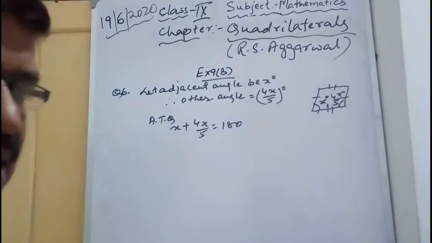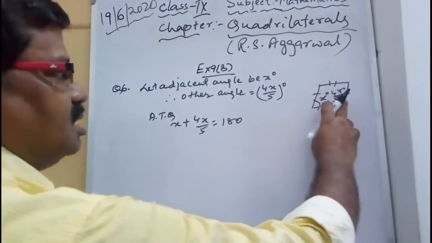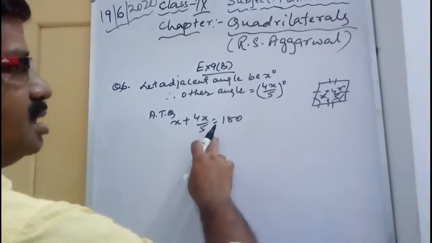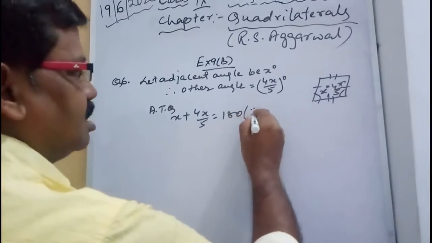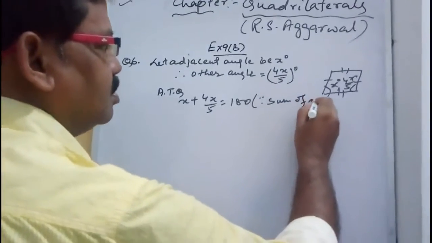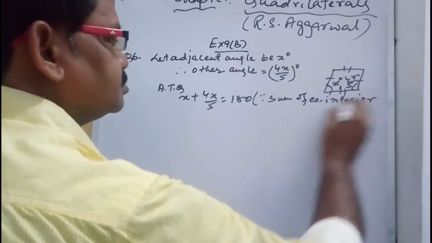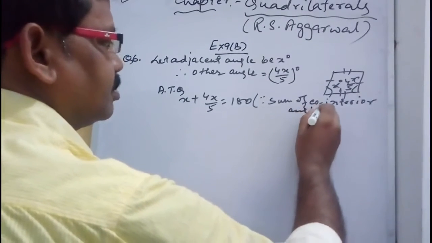These two lines are parallel. This one is a transversal line. So sum of co-interior angles is equal to 180. That is written. So sum of co-interior angles.